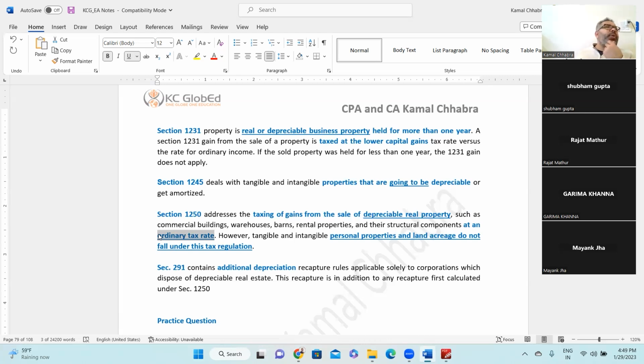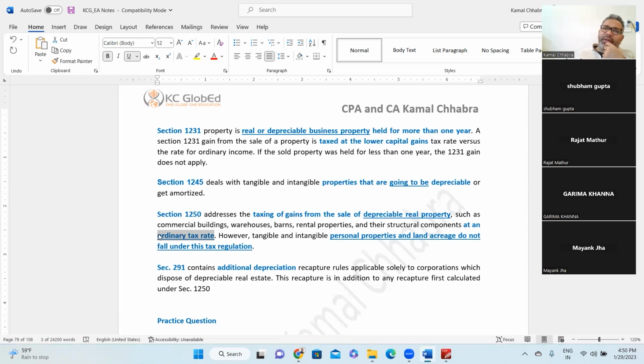No, like for example, you are in a business of constructing buildings. So if you have constructed, let's say, a warehouse and you are selling that warehouse, would that come under 1250? If you are a real estate builder and you are constructing a warehouse, a building, or any mall for sale, would that come under the 1250 category?